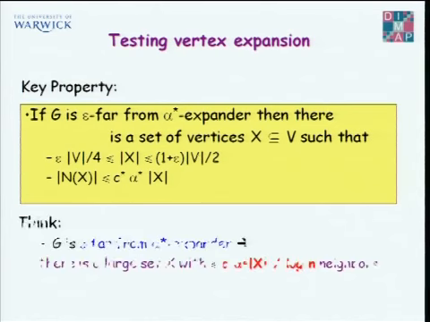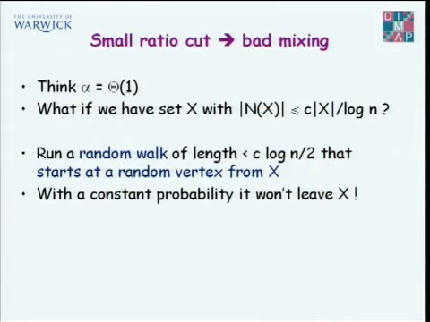Now, how you should understand this: if a graph is far from being an expander, we always have a large set which will have very few neighbors. This alpha squared over log n is just coming from my definition of alpha star. Now, how do we want to use it?